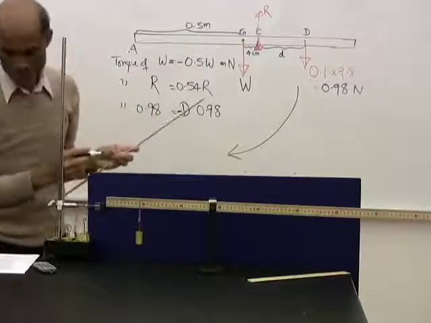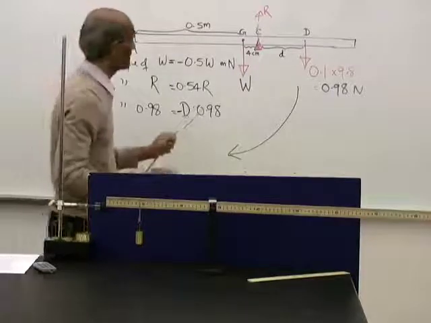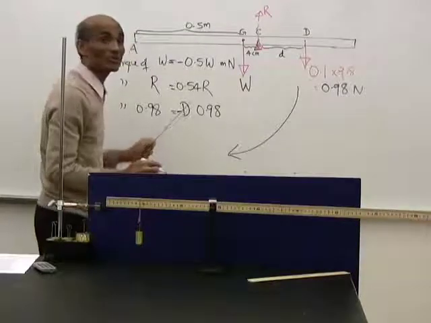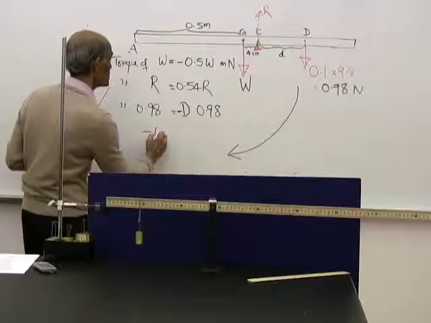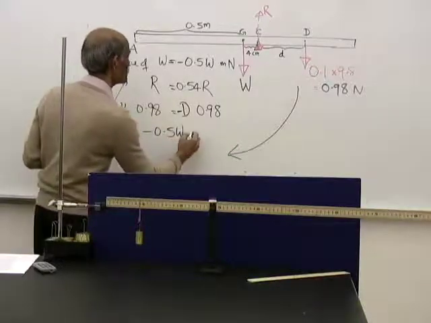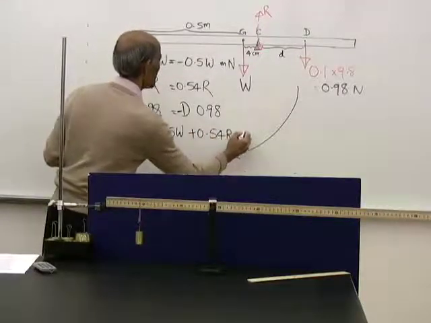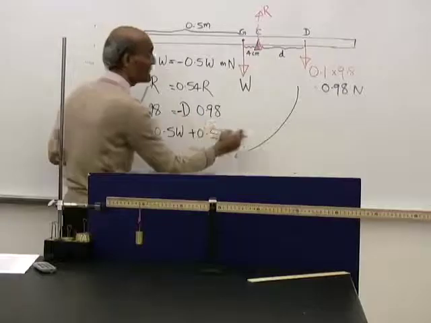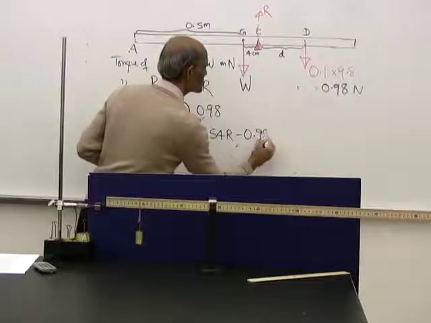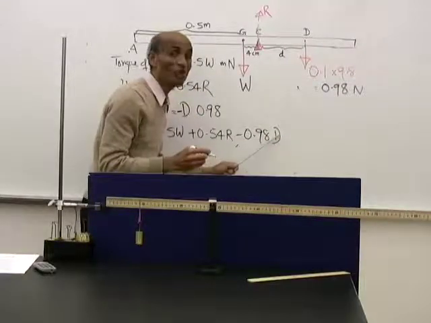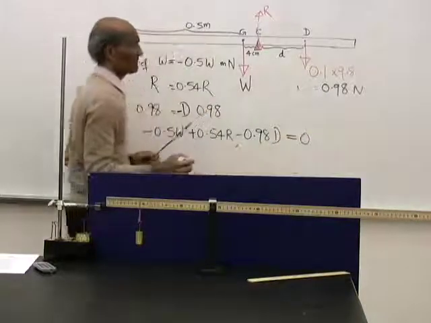And now, number 5 says, in number 1, you need to write an equation. Summation tau equal to 0. Add all these torques. You have negative 0.5 W plus 0.54 R minus 0.98 D. Now remember, you know a value for D, so this is a number, and this is equal to 0.